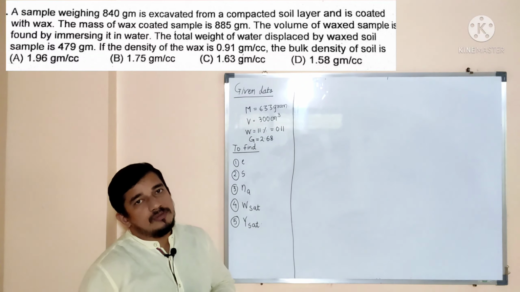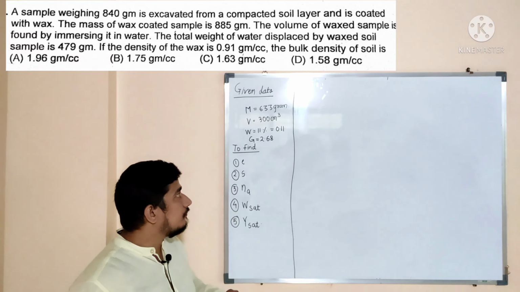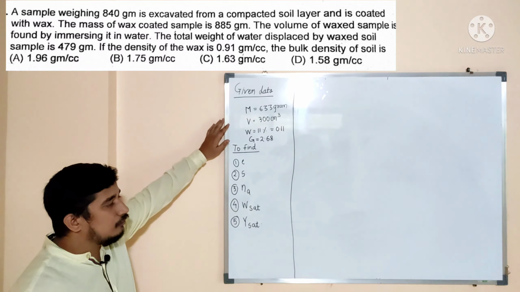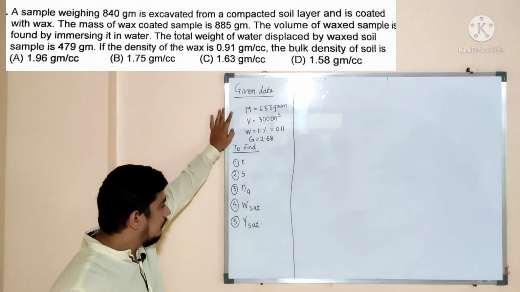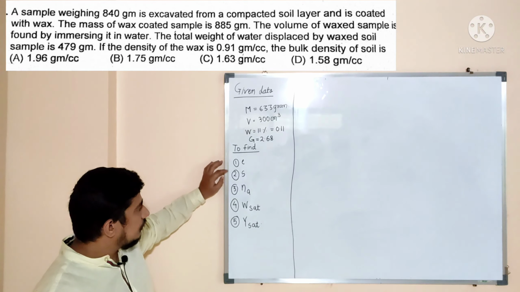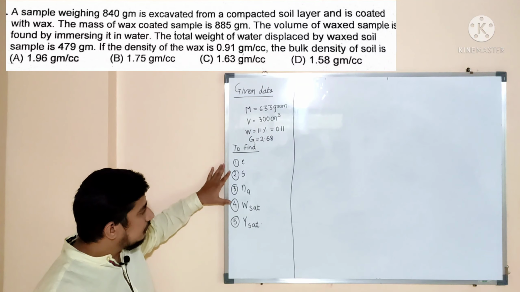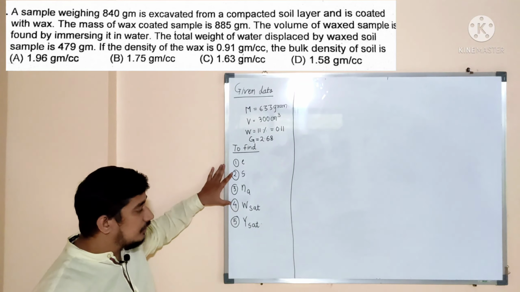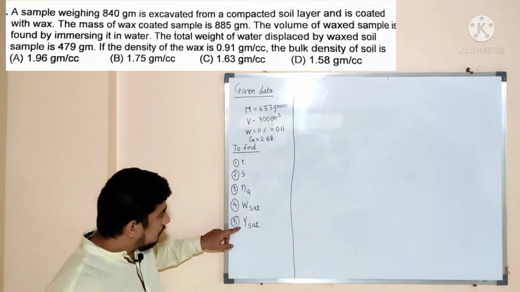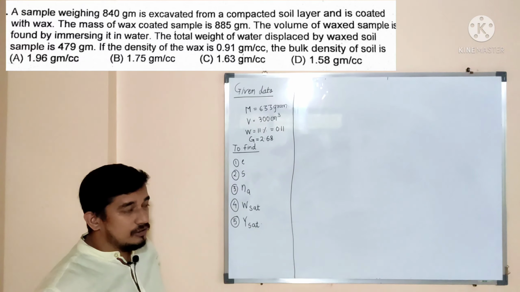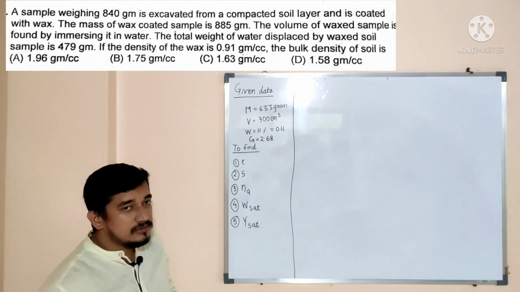So in this problem they have given us a moist soil and certain properties of the soil, and depending on that we have to find the void ratio, degree of saturation, percentage air void, water content when the soil is fully saturated, and unit weight of the soil in a saturated condition without change in volume. That is what they have asked.